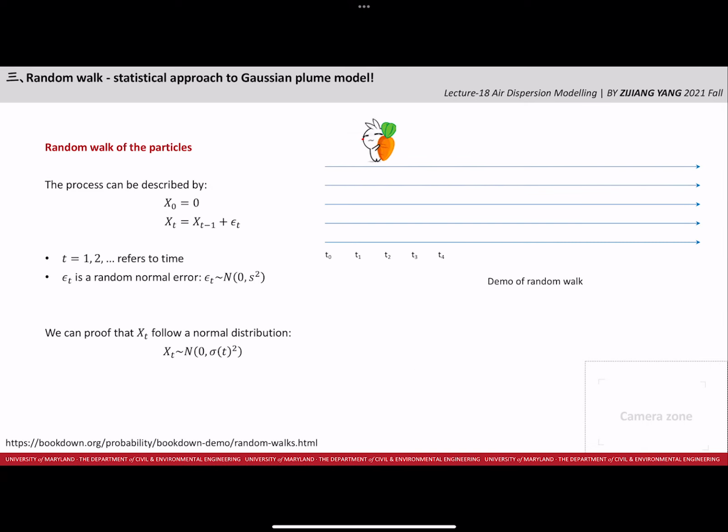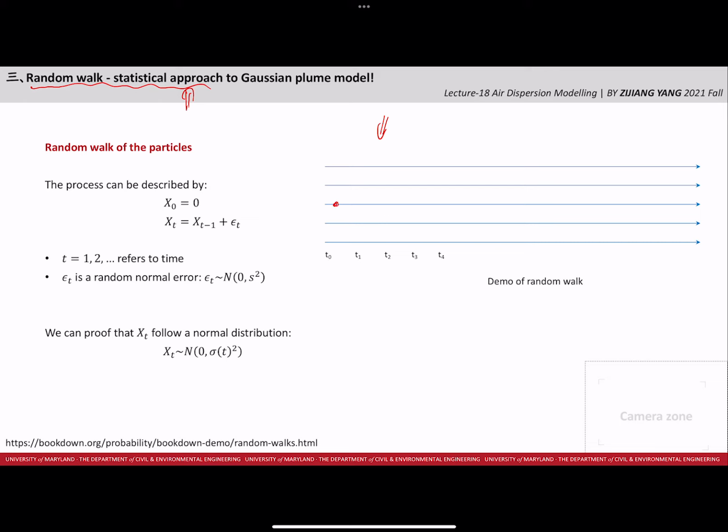So we may also understand this process from another aspect, which is a random walk model. And I personally think this would be easier for us to understand. So basically, this shows the walk, but it is not random.